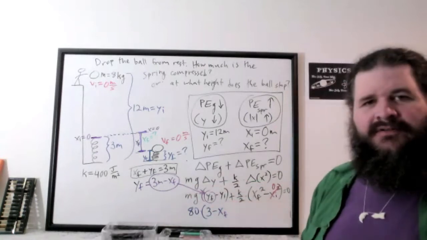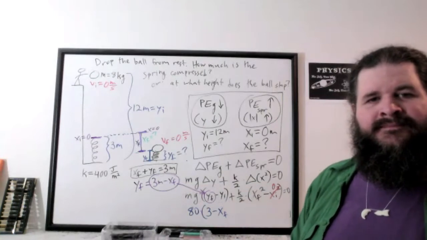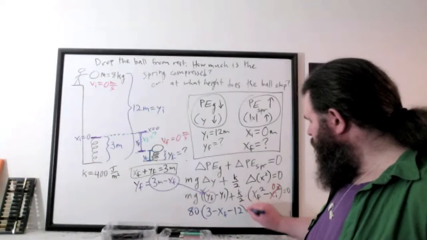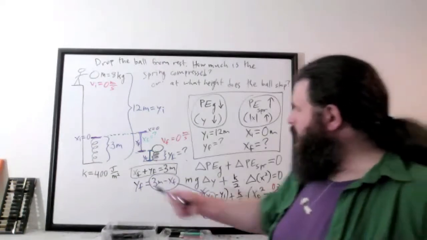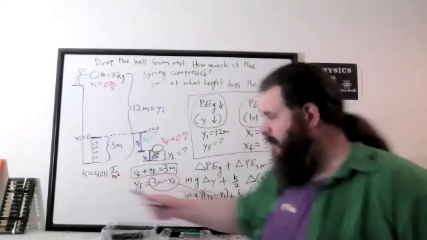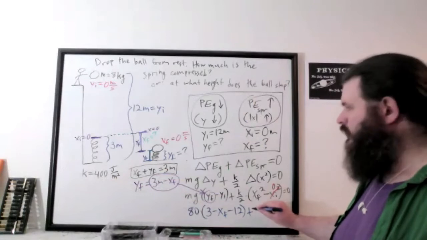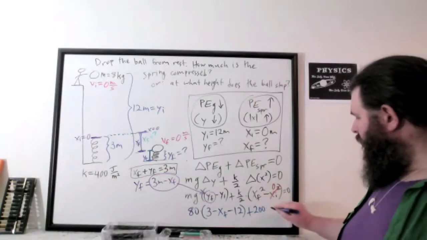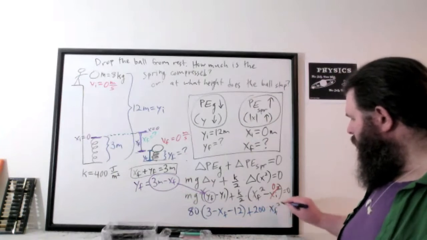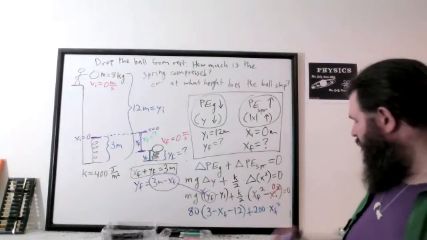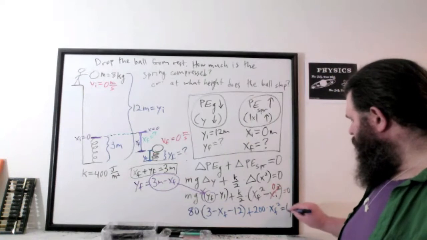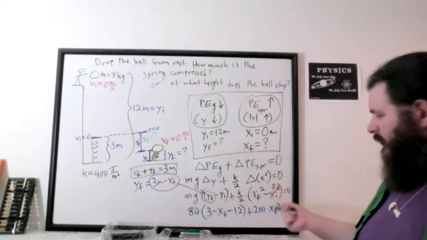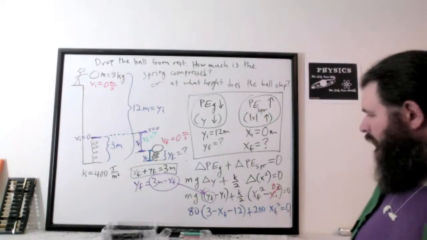And what's y initial? 12. So minus 12. And k we're assuming was 400, so k over 2 would be 200. And then x final squared, we don't know, but minus 0 at least doesn't change that. So 80 times (3 minus x final) minus 12 plus 200 x final squared equals 0.